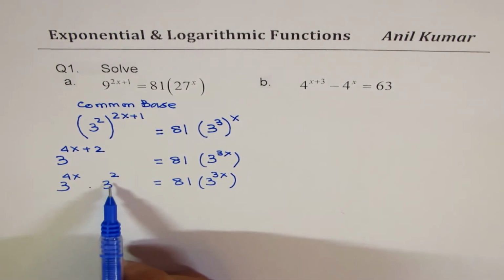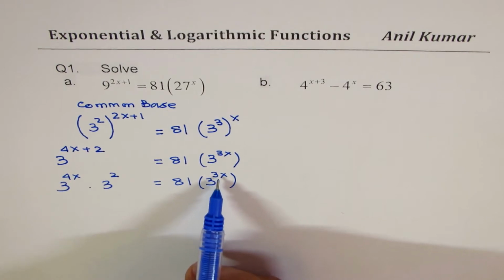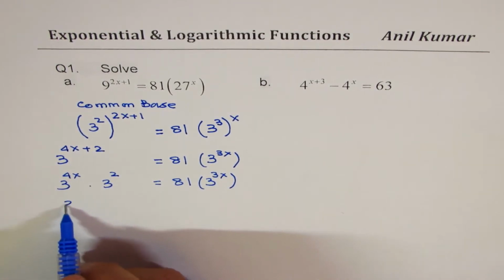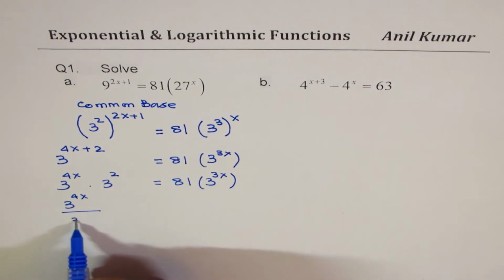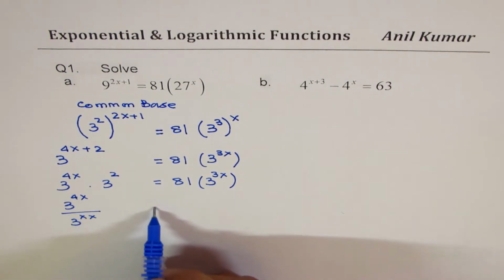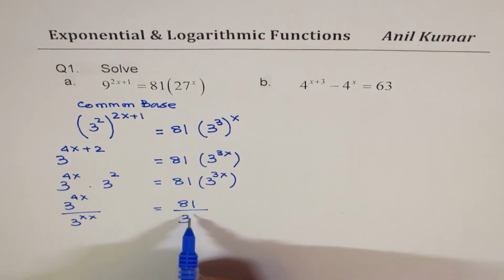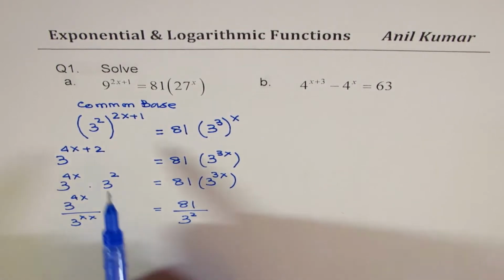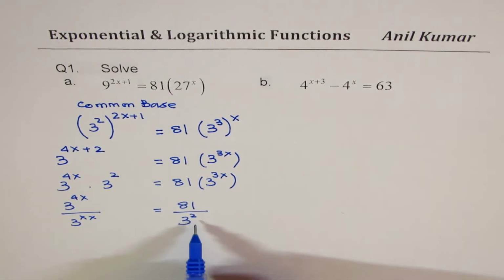Now let's divide by 3 square, which is 9, this number 81, and bring 3 to the power of 3x on the left side. So we have 3 to the power of 4x divided by 3 to the power of 3x. And on the right side, we have 81 divided by 3 square. I know some of you could have just divided by 9 and got 9 here, right?